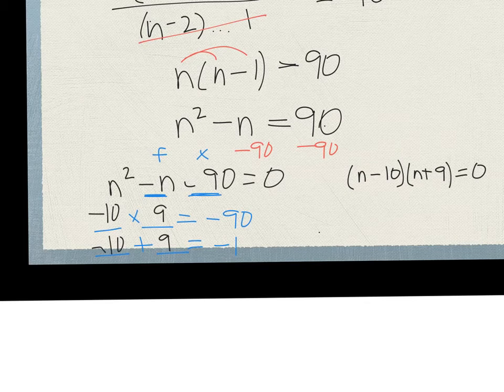Now the answer from there, this is the part that kind of mixes people up sometimes, is the opposite. So if my factor is n minus 10, my answer is n equals positive 10. And if I have positive 9, the answer is negative 9. Now at the beginning though, I told you the answers here can't be negatives.